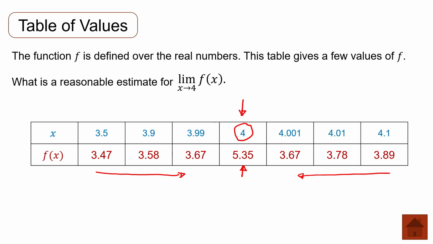And then if you input 4, it becomes 5.35. So if you imagine this graphically speaking, this is like almost the same. And you look at the right hand limit, it's getting closer and closer to a certain point, but when you put the 4, the answer is exactly 5.35.